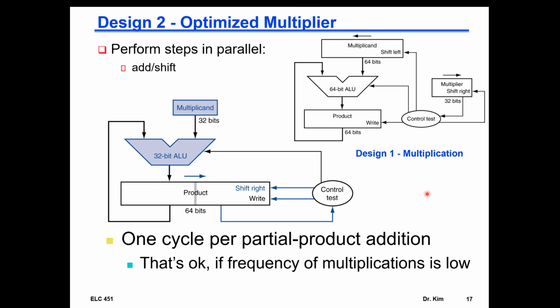So that's a demonstration of how you can look at hardware and look for optimizations if you're clever, and you look at how to optimize the utilization of the hardware.